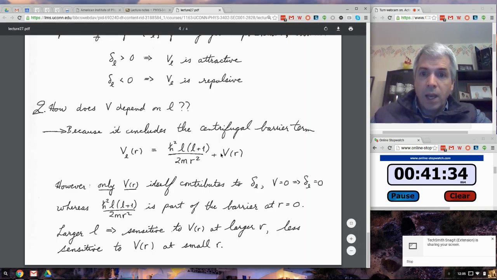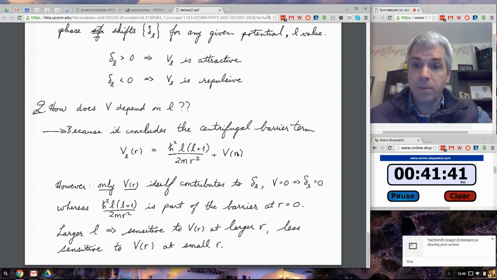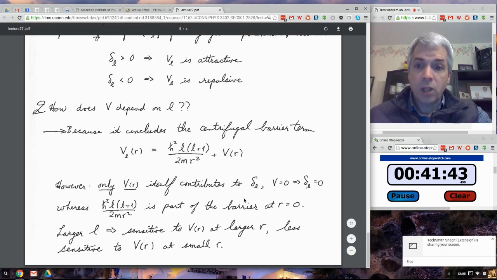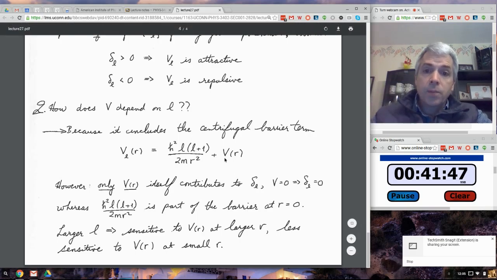And so you would even expect that above a certain L, the phase shift should vanish or should become very small.